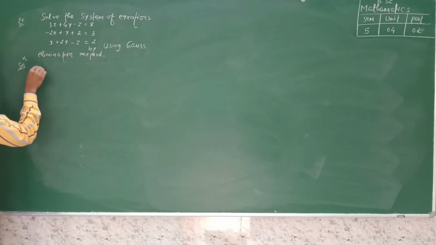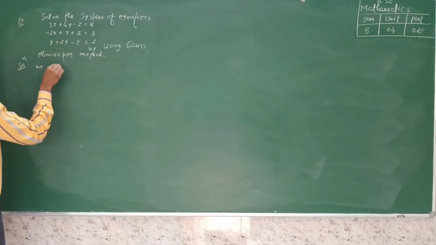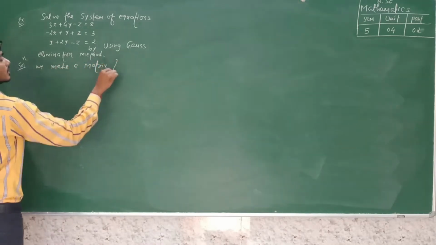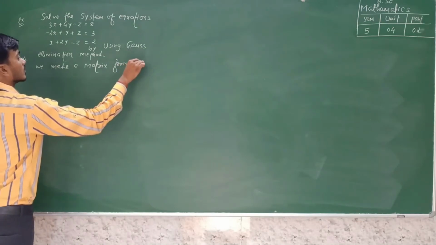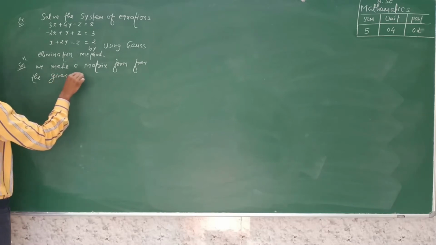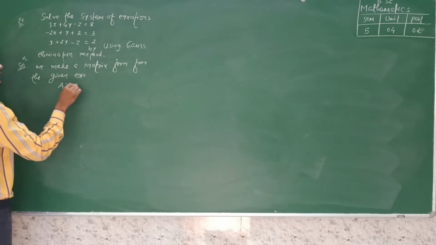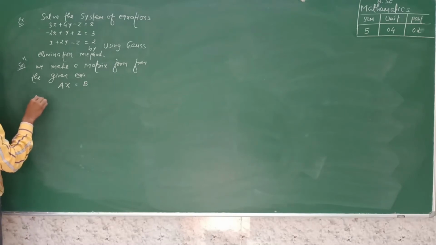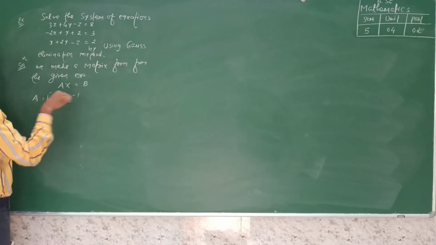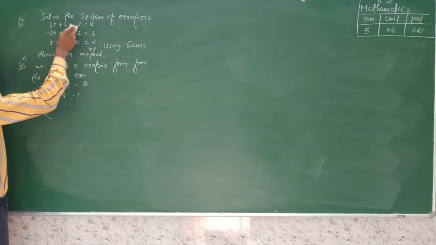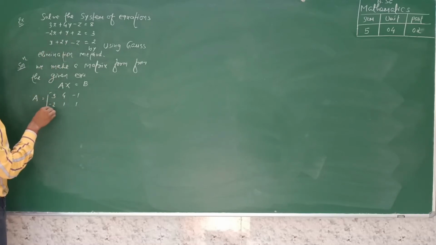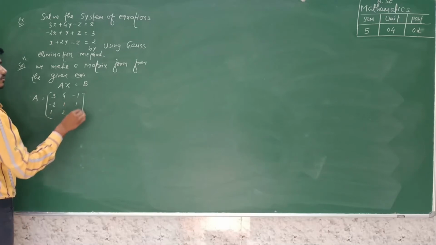So first of all, we make a matrix form from the given equations, AX is equal to B. So A is the coefficients of these unknowns: 3, 4 and minus 1; minus 2, plus 1 and plus 1; plus 1, 2 and minus 1.